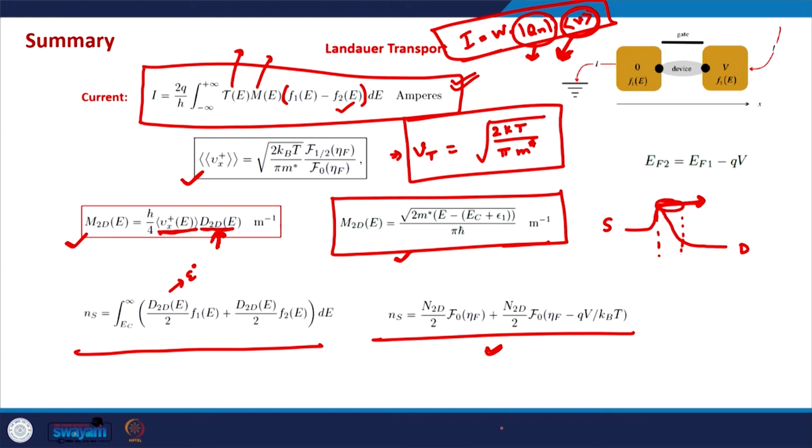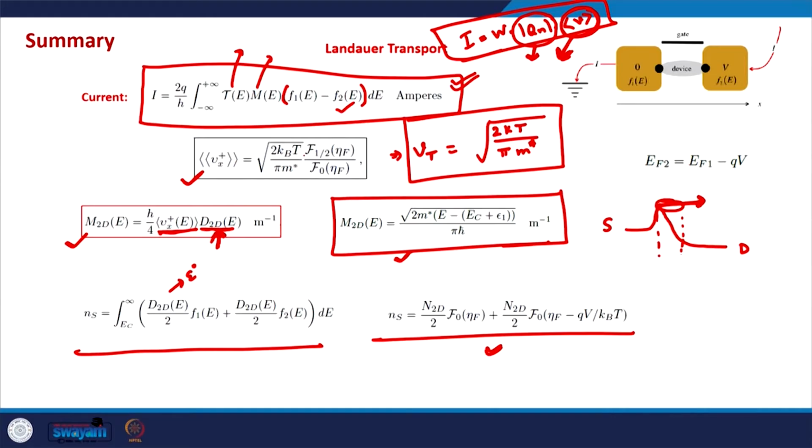expression for the charge. I would just halt for a moment here and tell you about an observation about these calculations. You might have observed that various orders of Fermi-Dirac integrals are coming in the expressions.